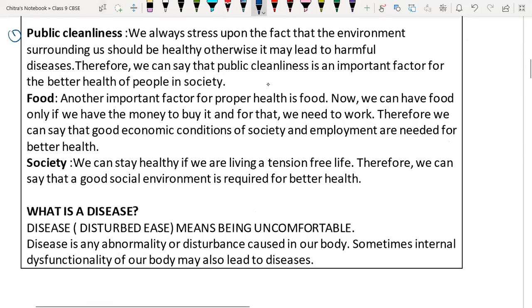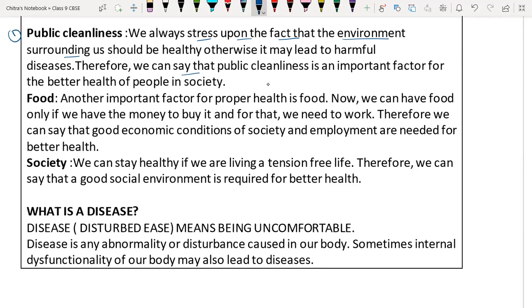We always stress that the environment, nothing but our surroundings, has to be clean and neat so that we can get fresh air. If we get fresh air, our mind will work peacefully and we will be healthy. Otherwise it may lead to many harmful diseases and may also cause mental stress.